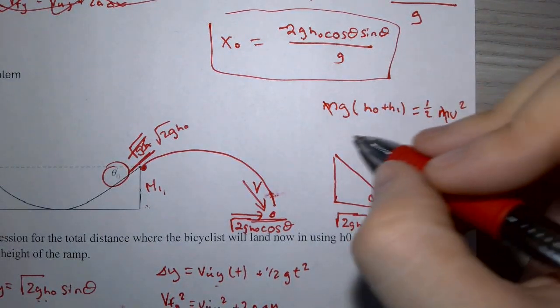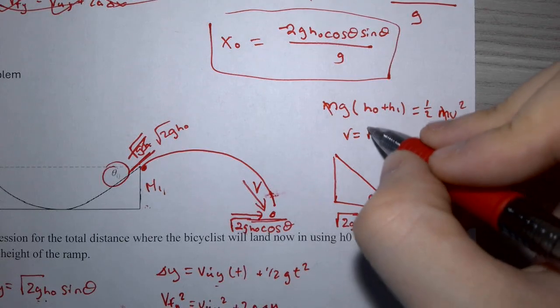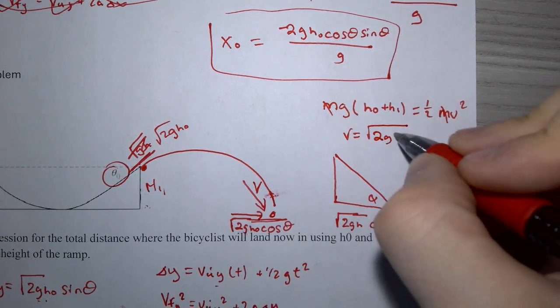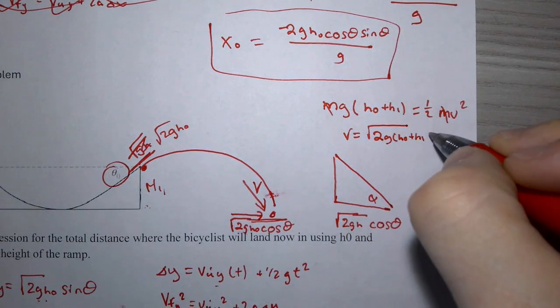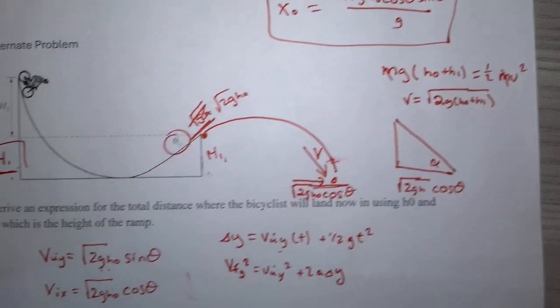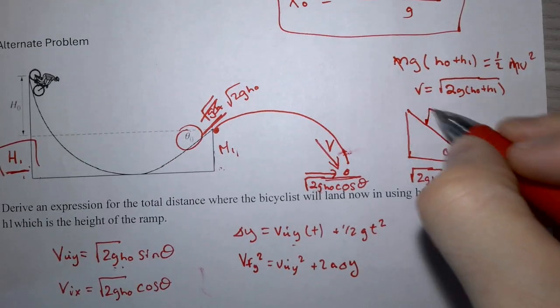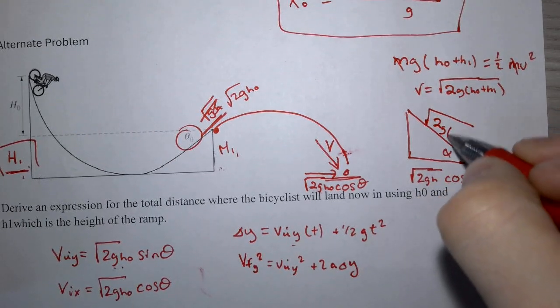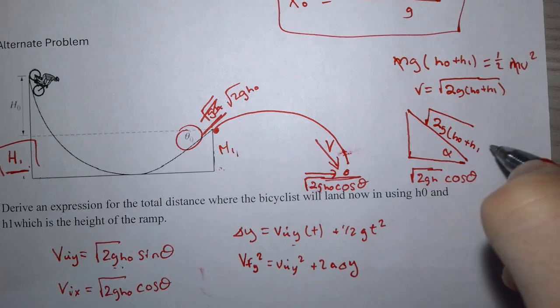So v would equal the square root of 2g times h naught plus h1, which kind of makes sense. It's a little bit higher, so it's going to have a velocity of a little bit more. So this is square root of 2g (h naught plus h1).